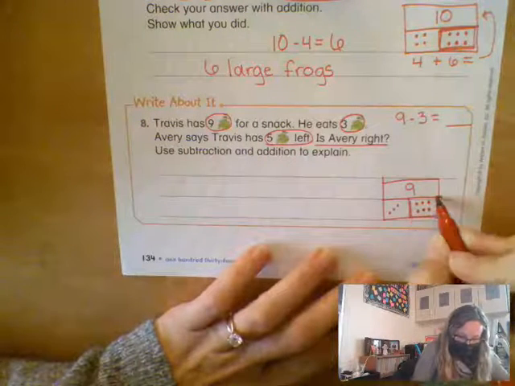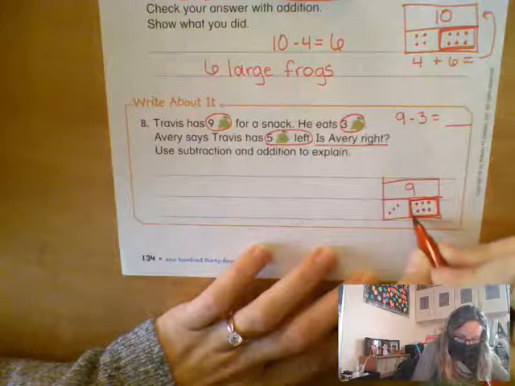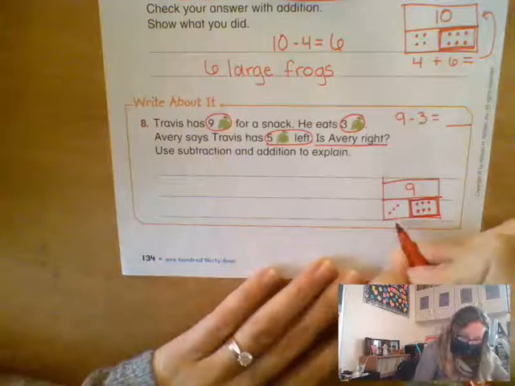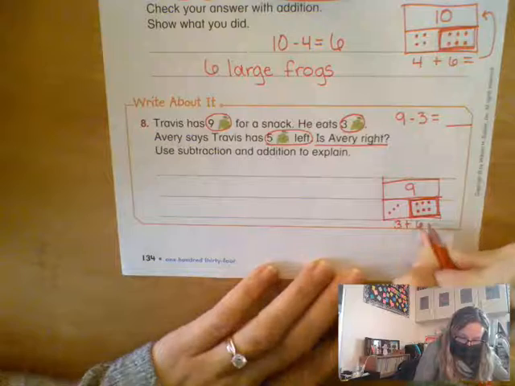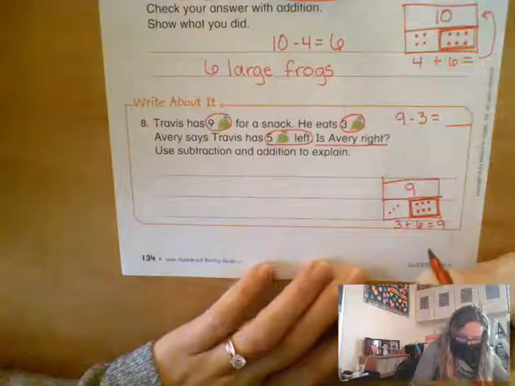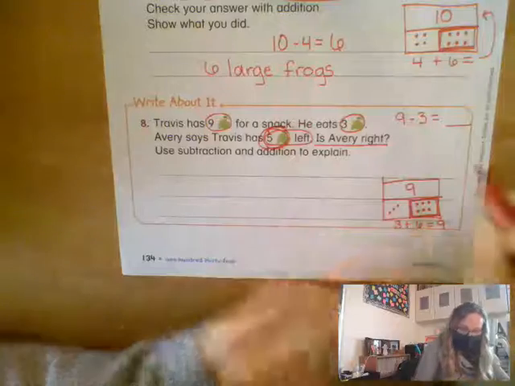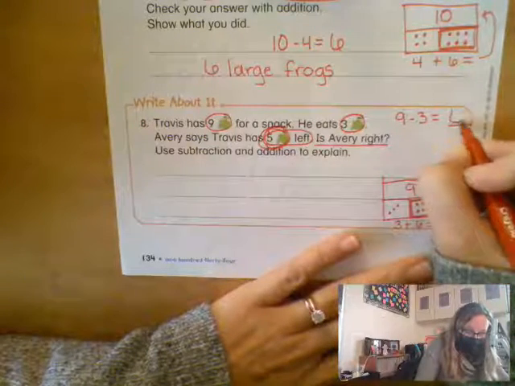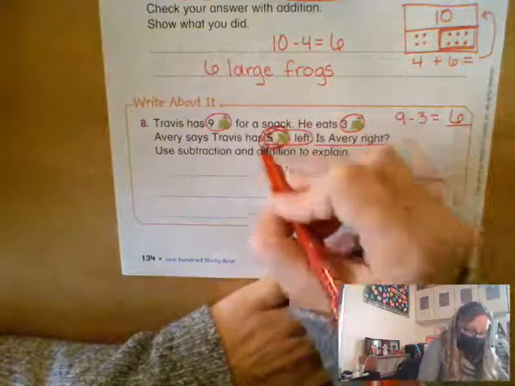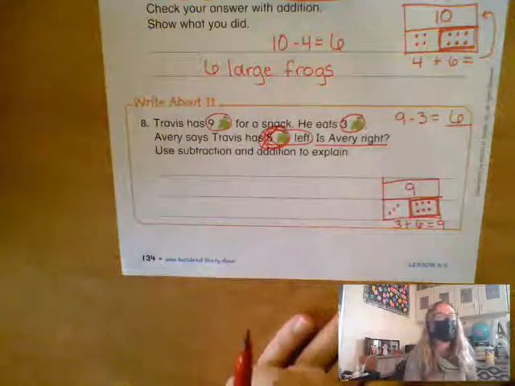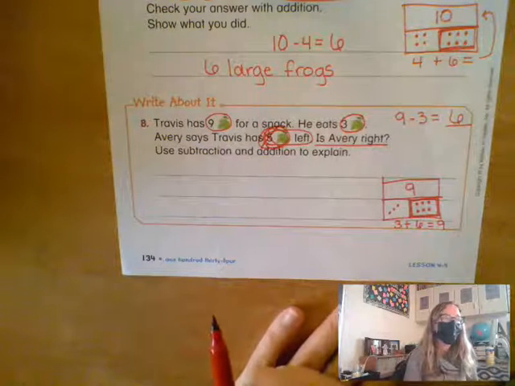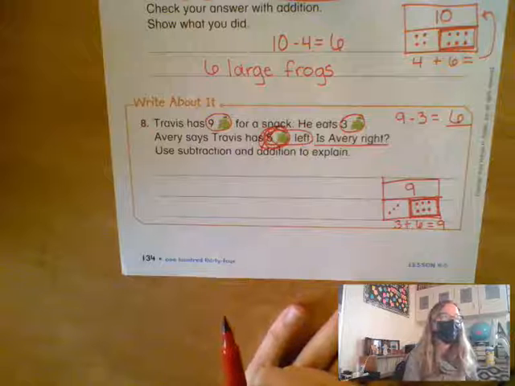How many did I draw, Austin? 6. So my numbers are 3 plus 6 equals 9. But he said there's 5 left. Was he correct? No, because 9 minus 3 equals 6, not 5. So Avery was wrong. Sorry, Avery.